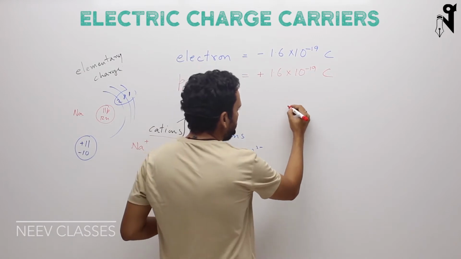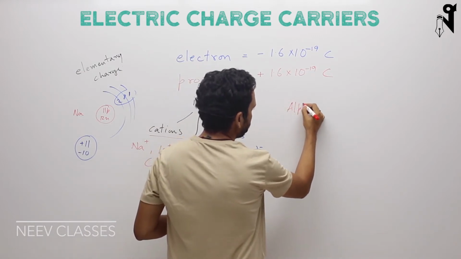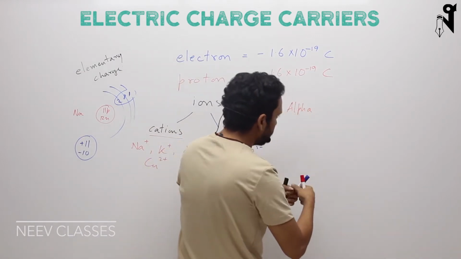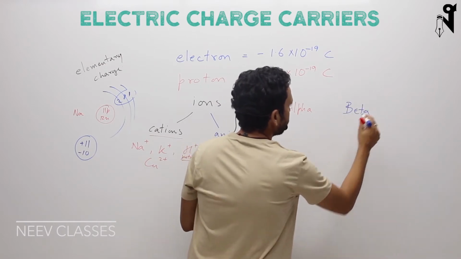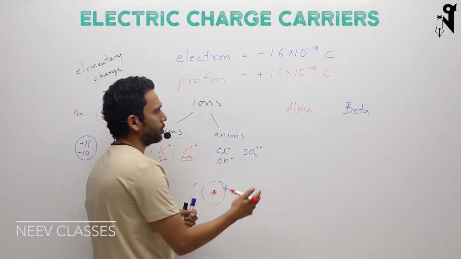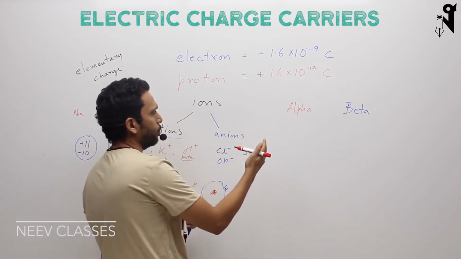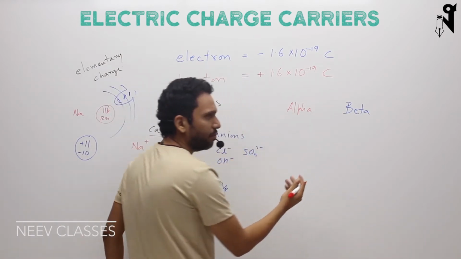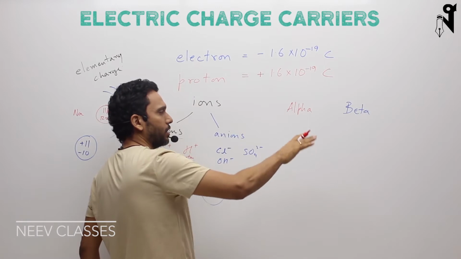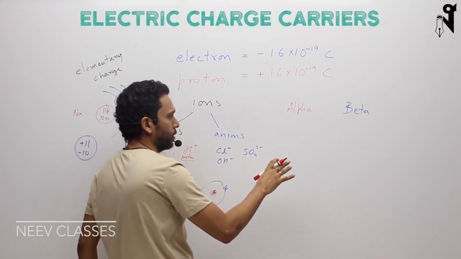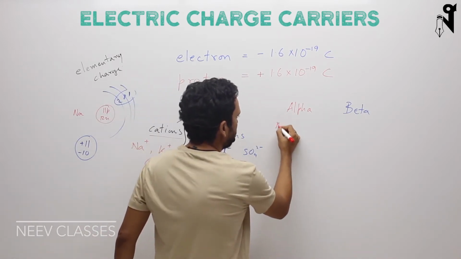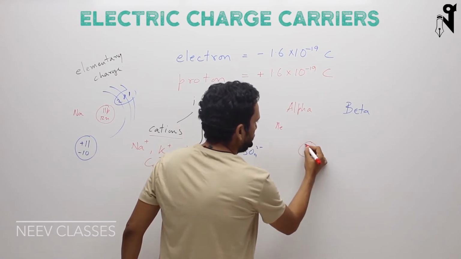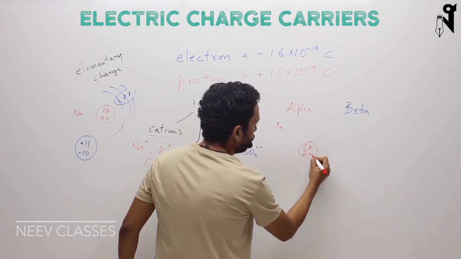Maybe alpha particles, beta particles. What are alpha particles? Alpha particles are nothing but a helium nucleus. The electrons have been removed and it is just the nucleus. So what was helium? Helium had 2 protons and 2 neutrons.